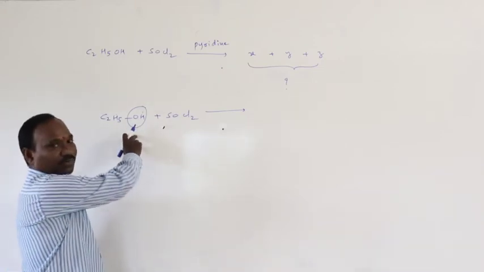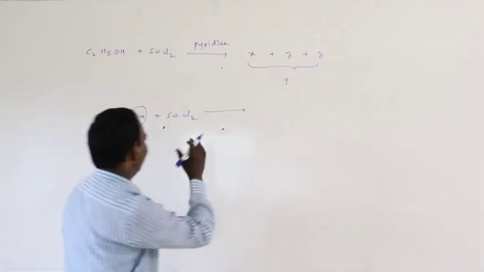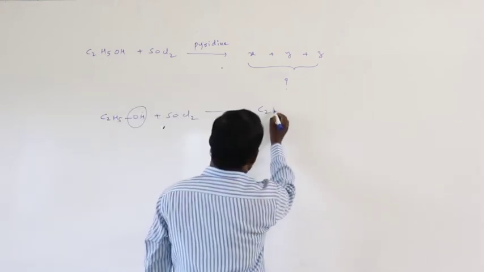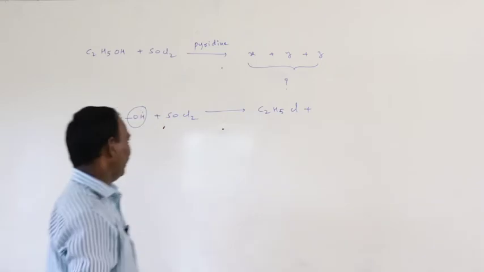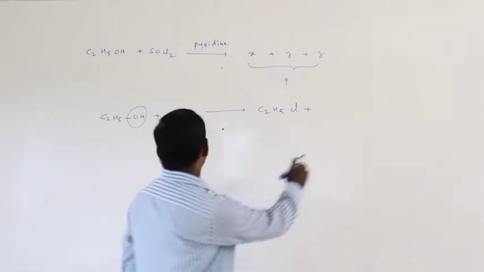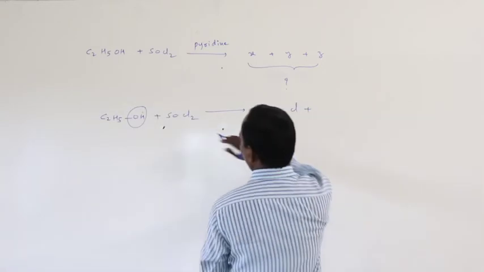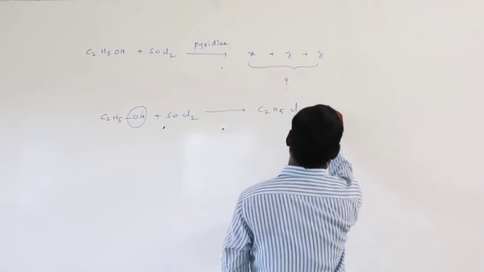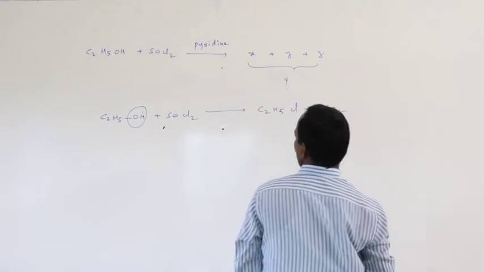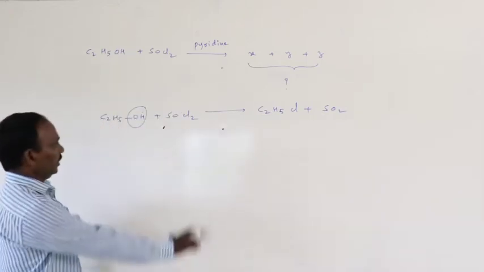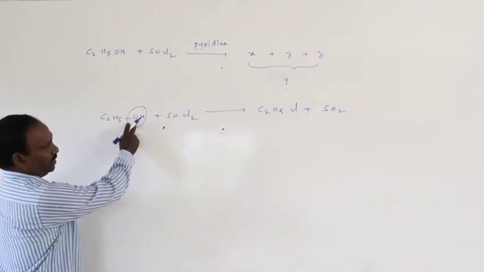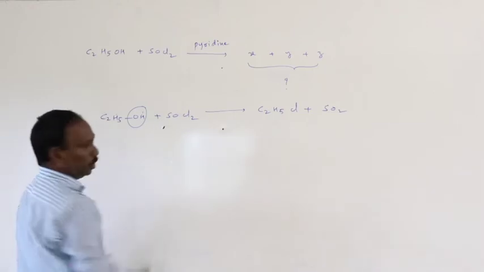OH minus nucleophile is substituted by Cl minus, so it gives C2H5Cl ethyl chloride, and another one is SO2, sulfur dioxide. Okay, here the OH group is replaced by chlorine.